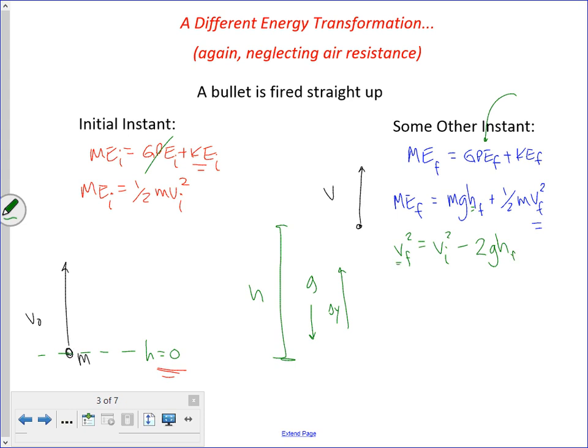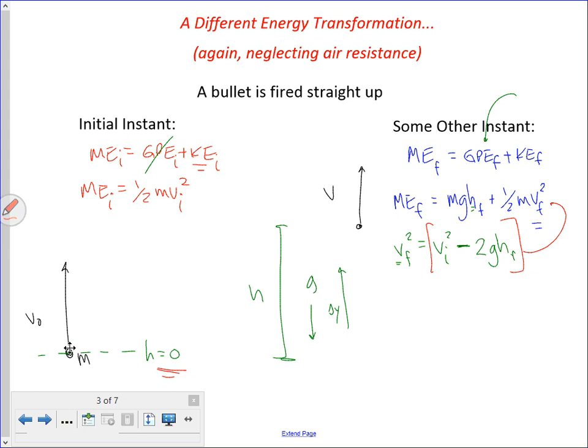I mean, v final has to be smaller than v initial. And it comes from the fact that g, in this case, we wouldn't write as negative 9.8. We just write g as 9.8. And we can account for the fact that the object slows down with that negative sign. So here's what we end up with. We put all this stuff in there for v final squared.